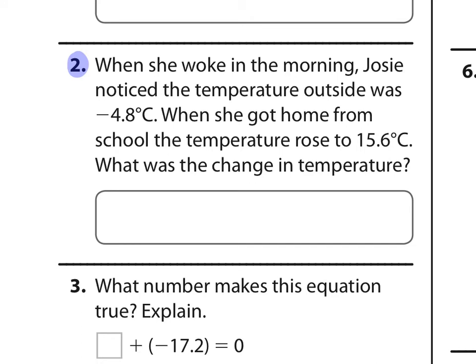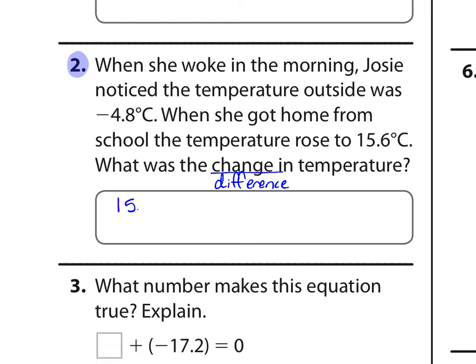Well, we can find the change in temperature by simply seeing the distance between the two numbers. So I could just find the difference between them. The change could be the difference. And I'm usually just going to take my larger number and subtract the smaller.